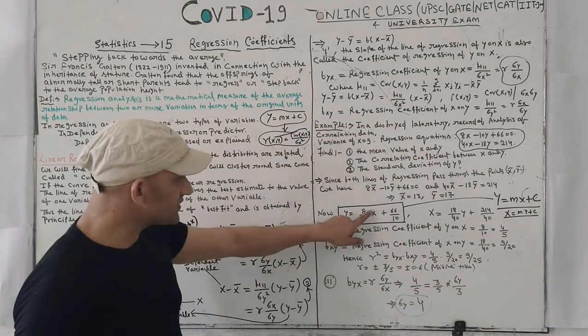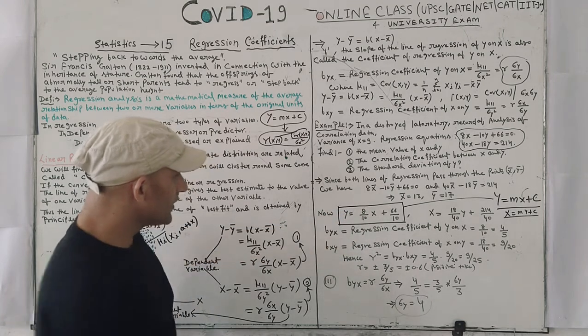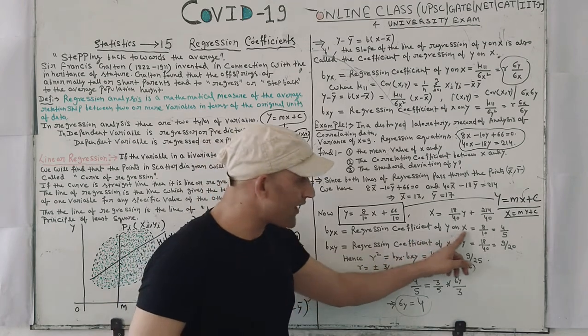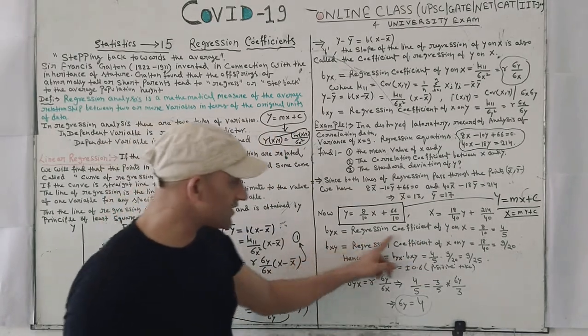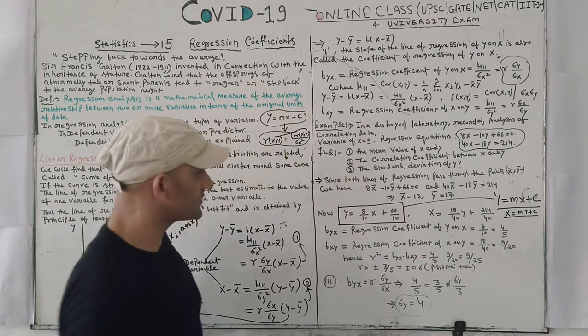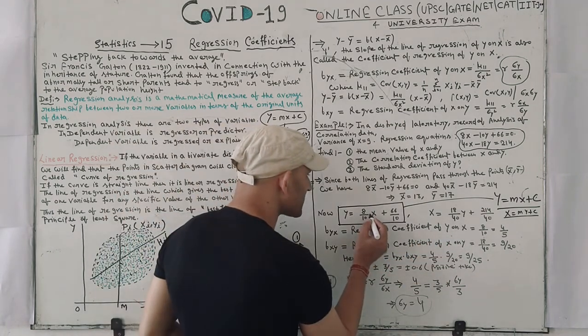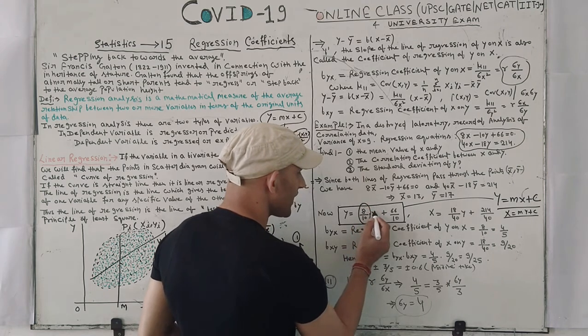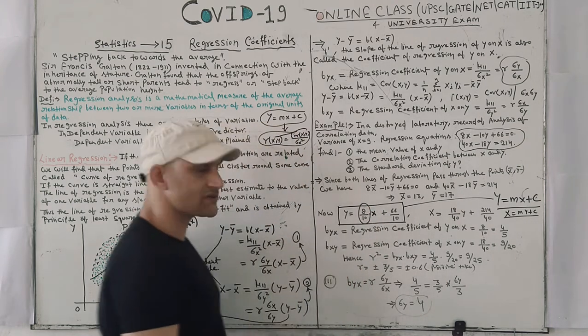So now this is this m. Byx is the regression coefficient of y on x, already we have discussed. The coefficient is this, you can see x into something, this is the coefficient.